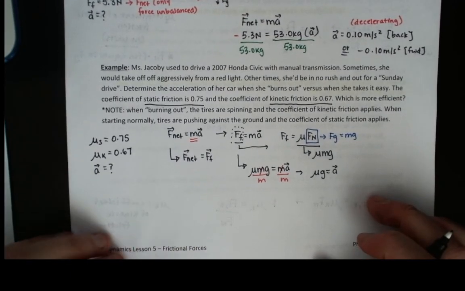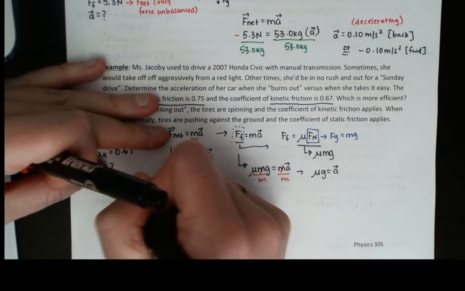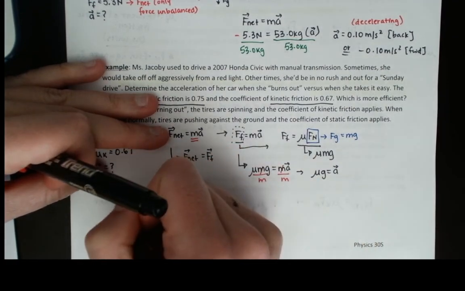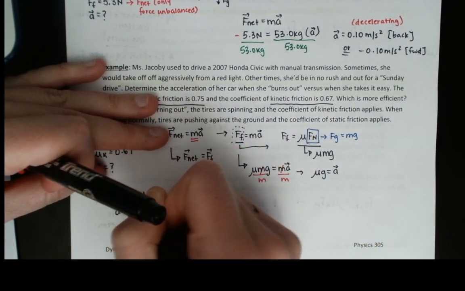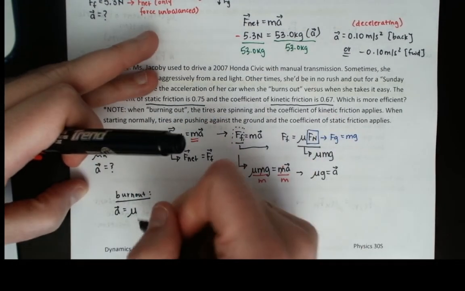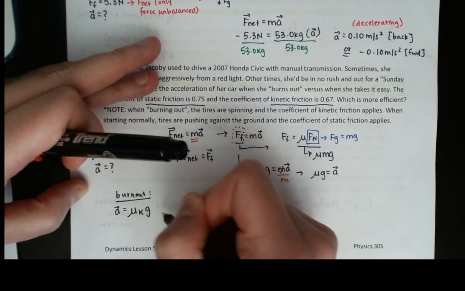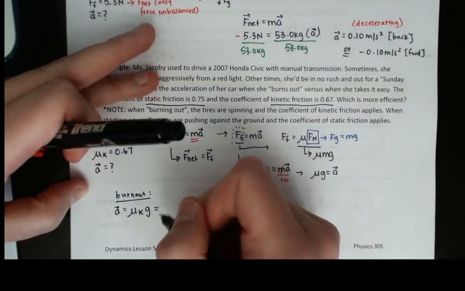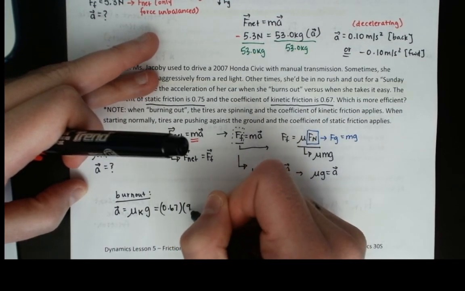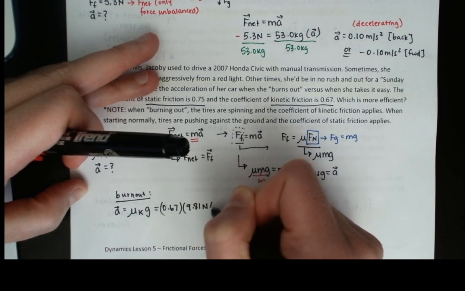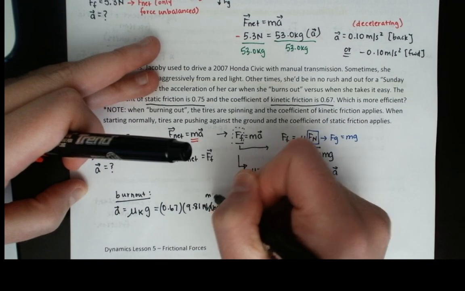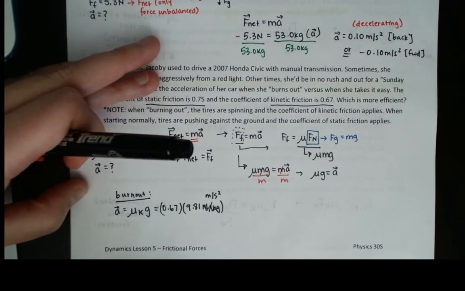So let's look at the two different scenarios. Let's look at burnout. So at burnout, acceleration equals mu. Now burning out is kinetic. So mu k times g, which is going to be 0.67 times 9.81 newtons per kilogram, or let's say meters per second squared.